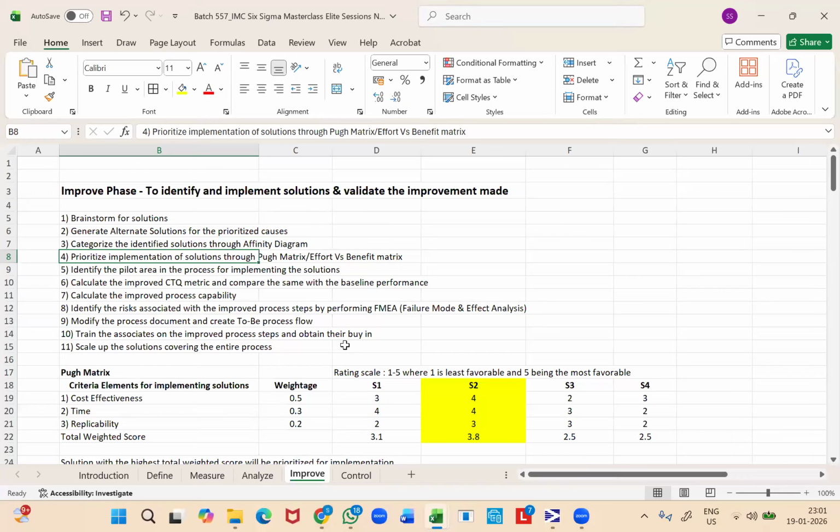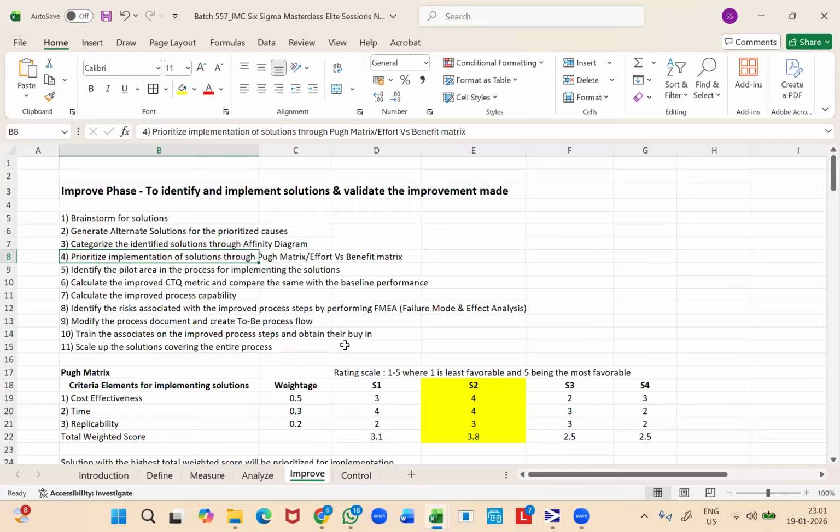Or if you want to compare the average productivity pertaining to the baseline scenario with the average productivity pertaining to the improved scenario, then we will perform a two sample Poisson rate test. So depending on the metric that we are comparing, we will use the relevant hypothesis test for validating the improvement made, right?